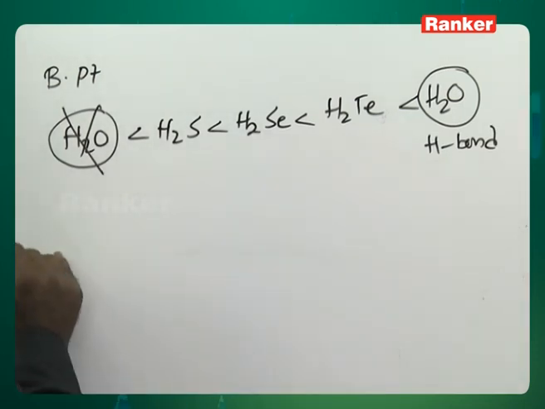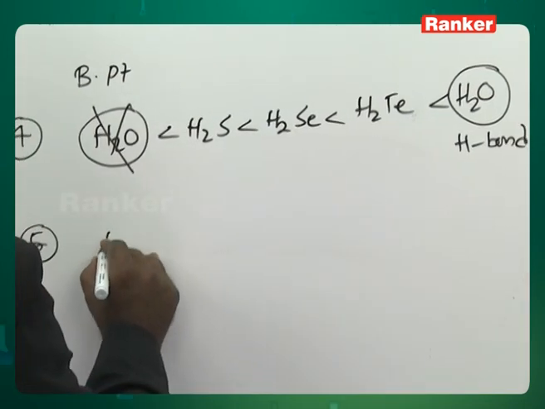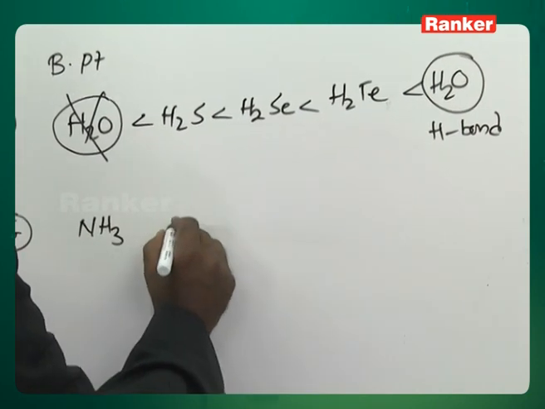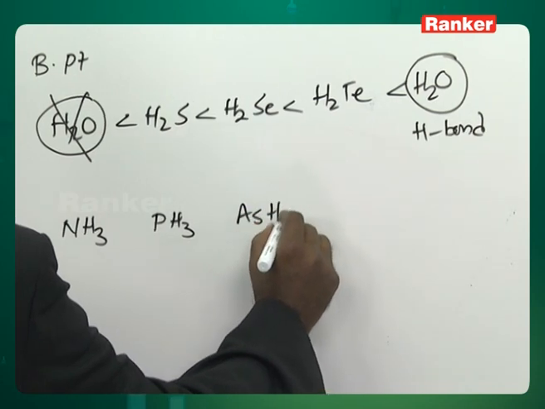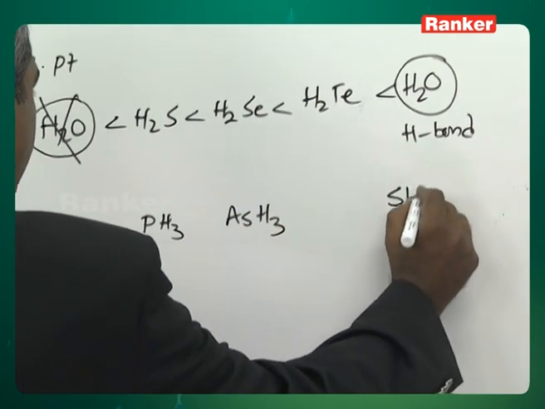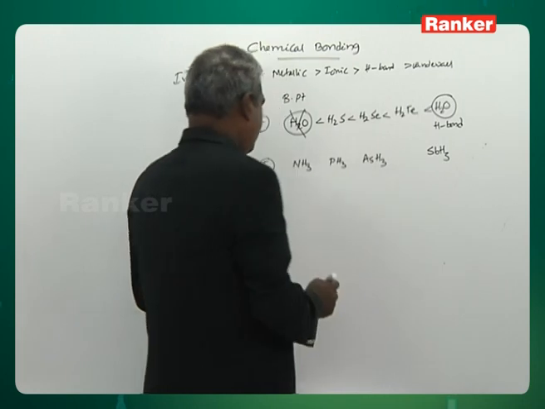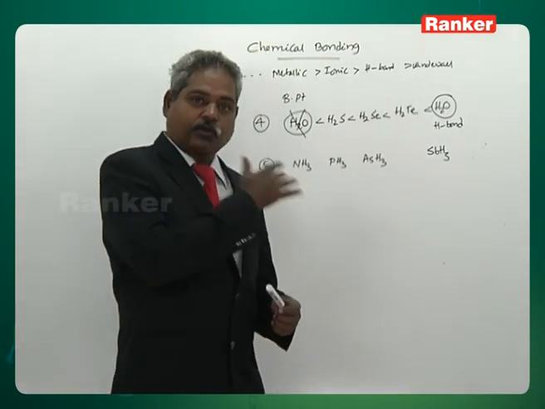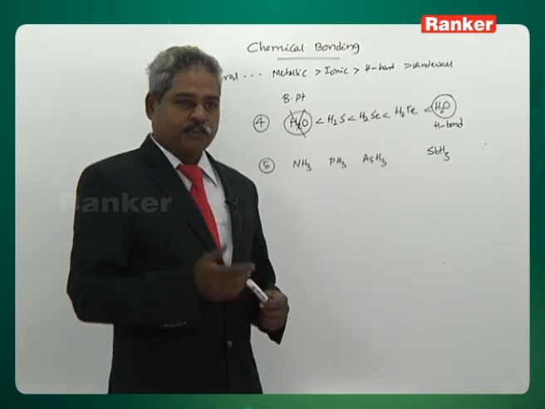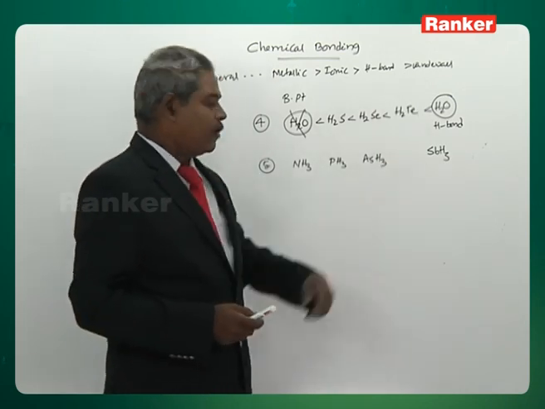5. So, in the group ammonia, NH3, PH3, AsH3, SbH3, if you observe closely, what I am comparing are the boiling points of hydrides of nonmetals. A study we have to make in the P block.